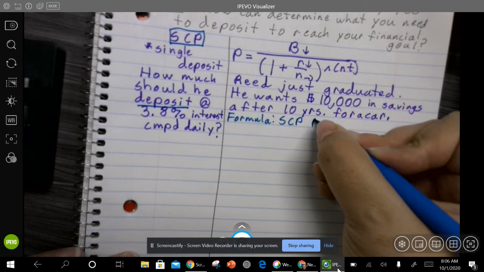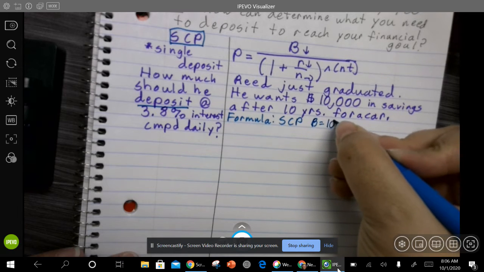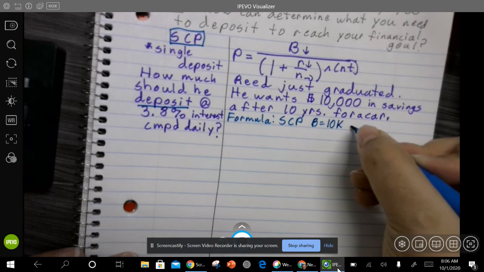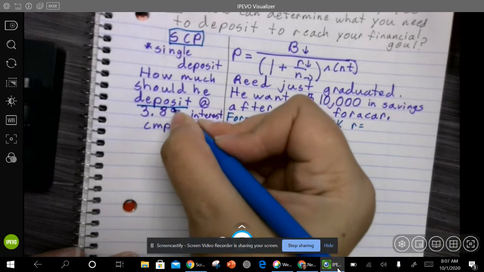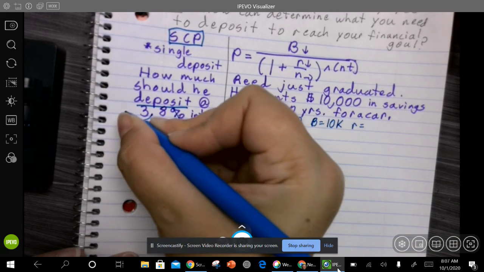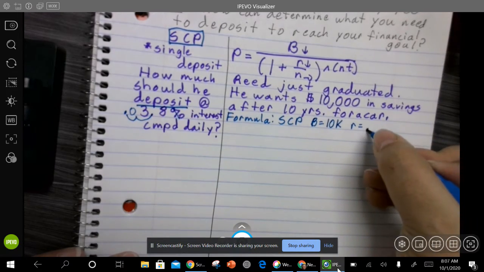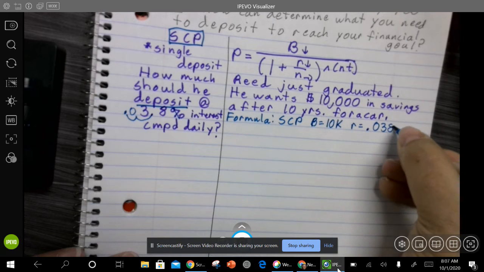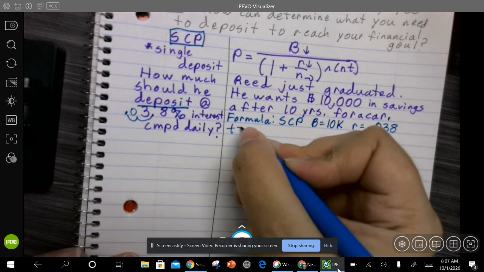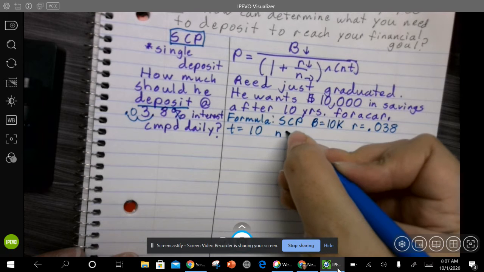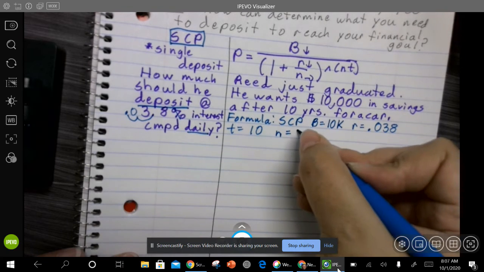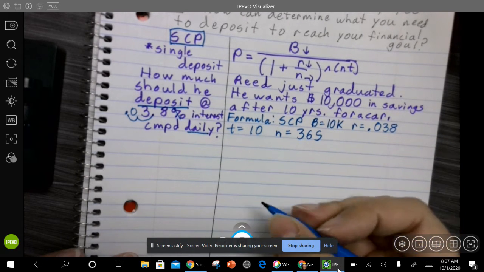So we're solving for the principal. The balance, he wants 10,000. The rate, remember, drop the percent sign and go to left, add the decimal and the 0. So 0.038. The time is going to be 10 years. It's compounded daily, 365 days in a year. Okay, so we're going to do that.